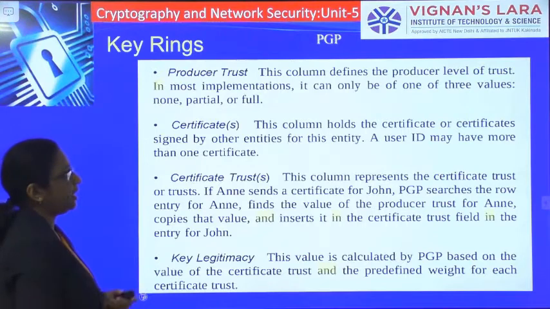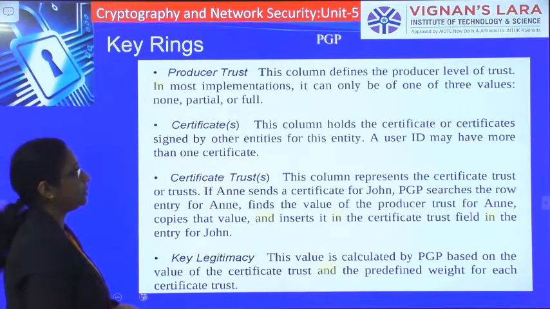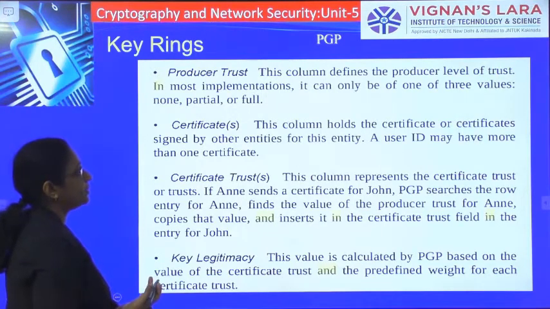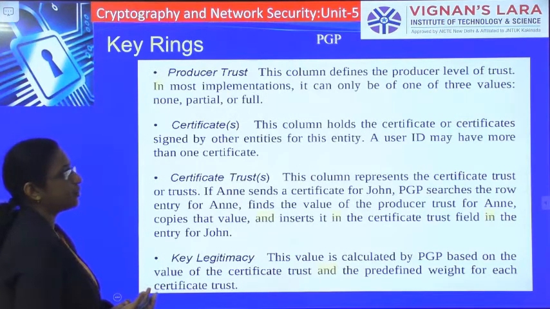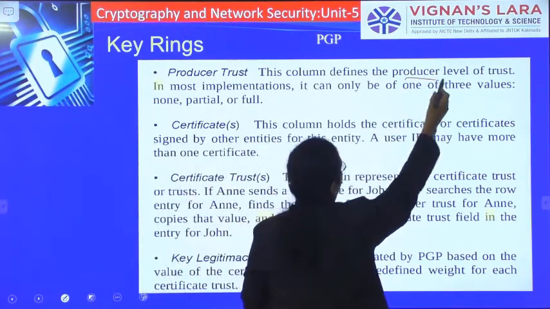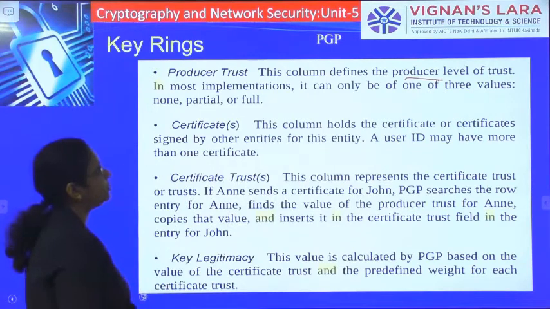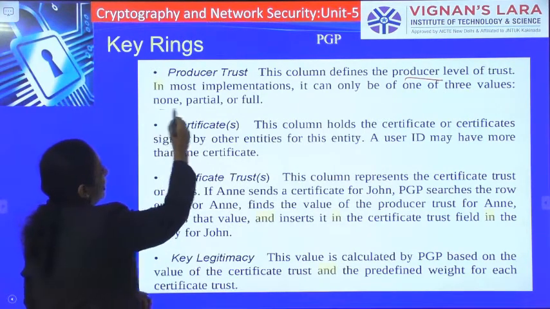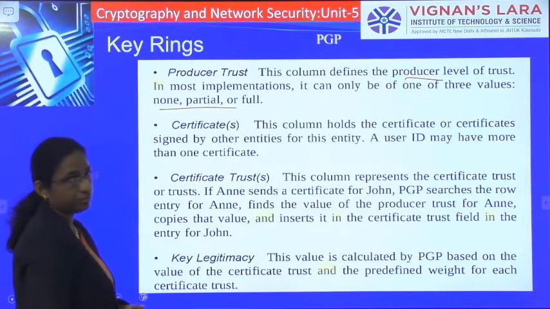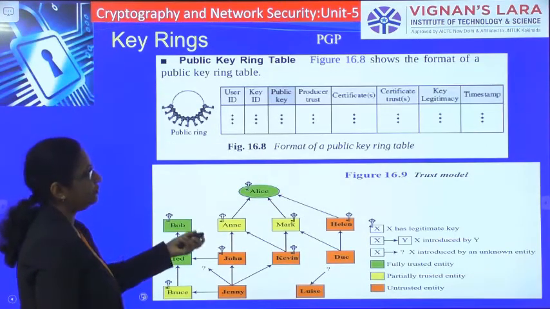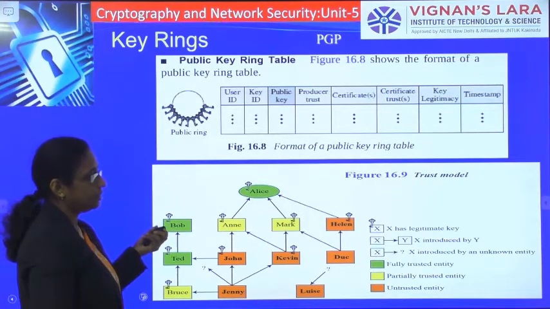Similarly, the next one is the producer trust. This producer trust column defines the producer level of trust, and it takes three values: none, partial, or full.